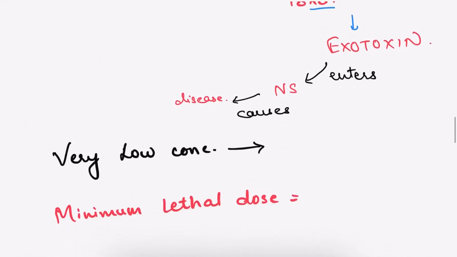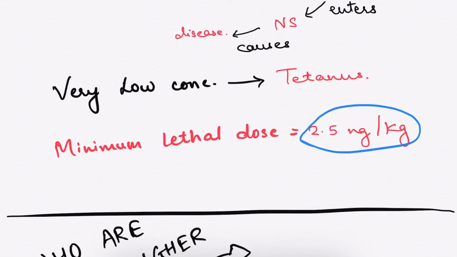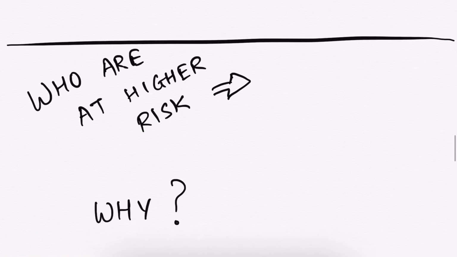Even a very low concentration of the tetanus toxin can result in tetanus. I will just mention it here: the minimum lethal dose is 2.5 nanograms per kilogram. So who is at higher risk?